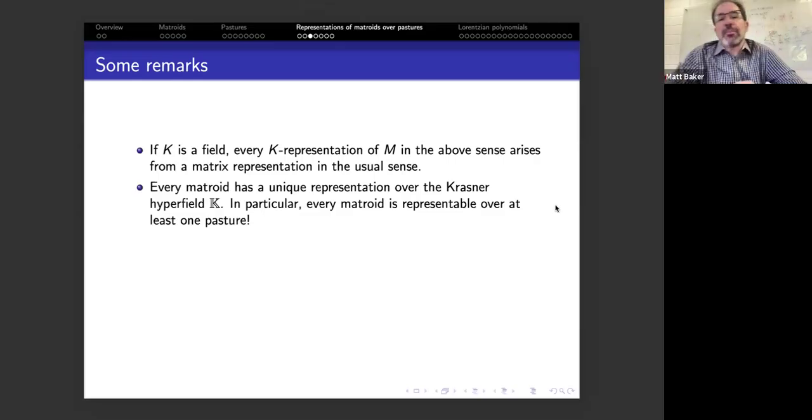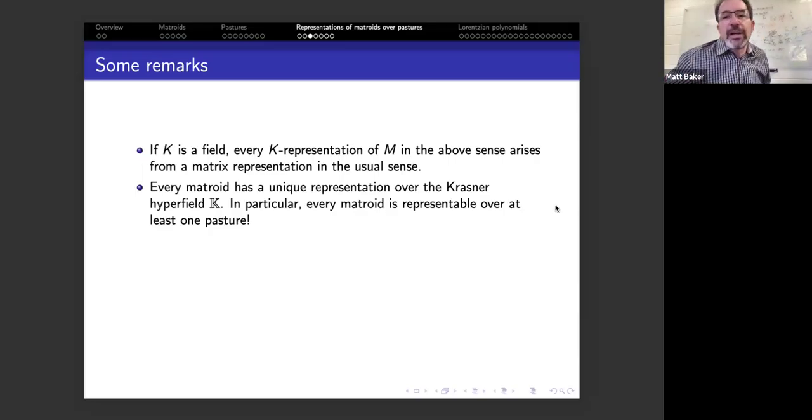But now we can represent matroids that aren't representable over fields, because every matroid is representable over the Krasner hyperfield, in fact, in a unique way, right? Where the determinant function is 1 if it's a basis and 0 if it's a non-basis. And the fact that that satisfies the Plücker equations is precisely the strong basis exchange axiom that I wrote down earlier.